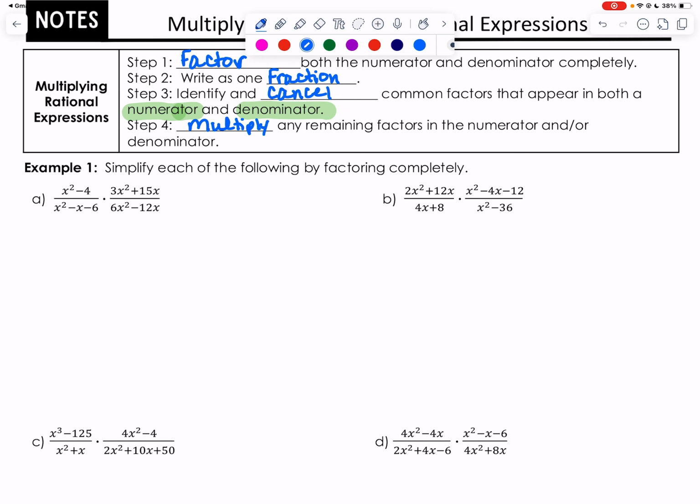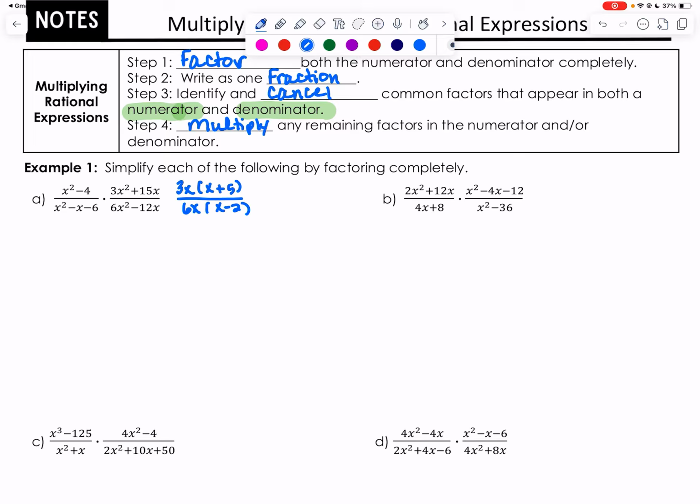Now, when I look at the second fraction, I notice that it has a common factor of 3x, and the bottom one has a common factor of 6x. So let me take those common factors out first. X plus 5. And then the denominator, we have a common factor of 6x. So that leaves me, what, x minus 2?